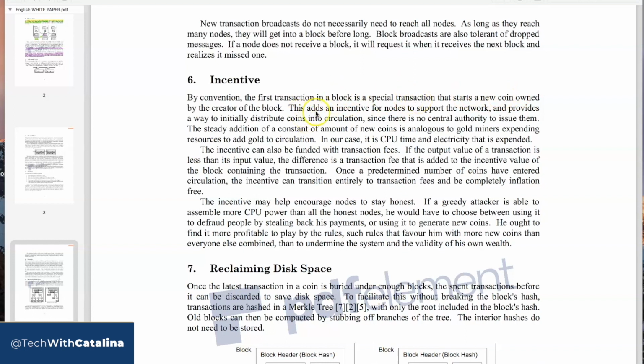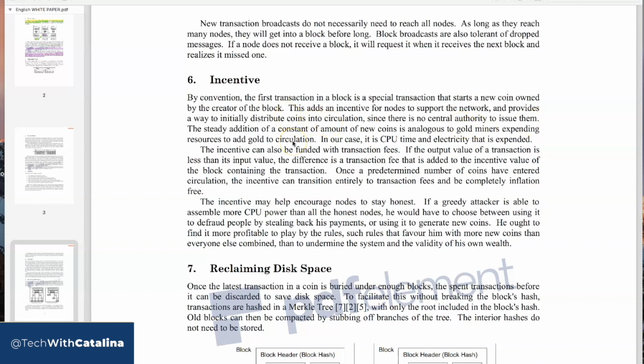Okay? This adds an incentive for nodes to support the network and provides a way to initially distribute coins into circulation, since there is no central authority to issue them. We know that in Bitcoin there are no third parties, okay? It's a decentralized system, so whenever people ask you where new Bitcoin come from, we have already said it before, but I'm going to say it again.